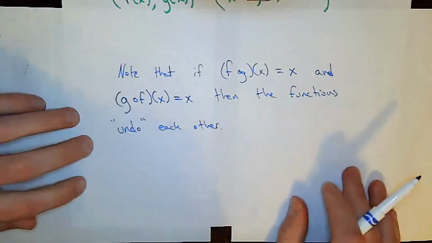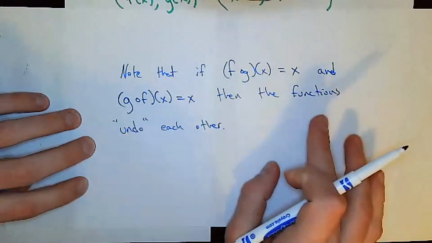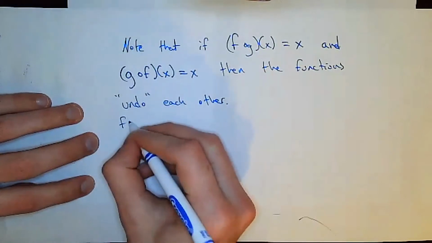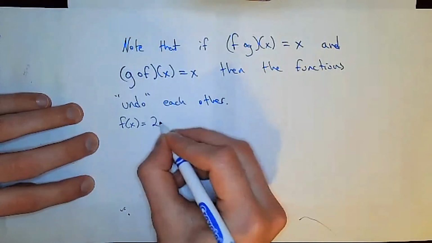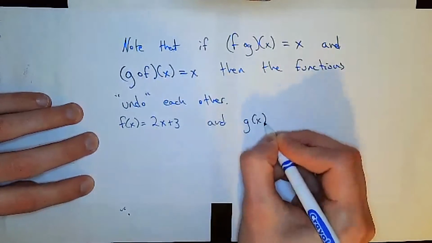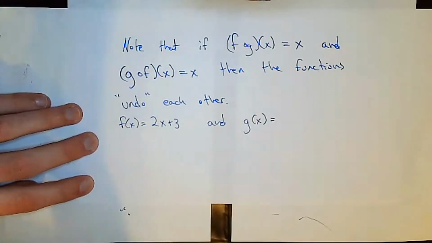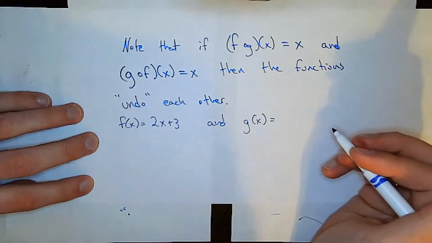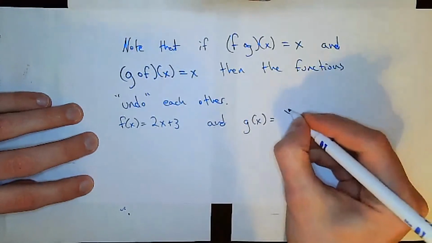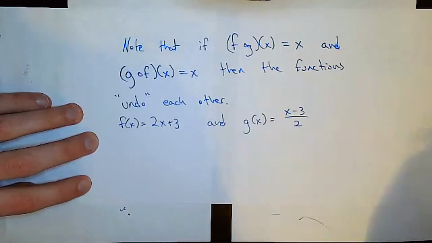But I just want to give you a quick example, since we're talking about composition. Consider f of x equals 2x plus 3 and g of x equals x minus 3 over 2.